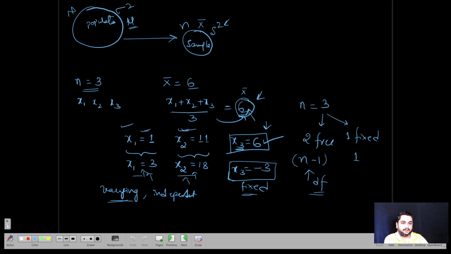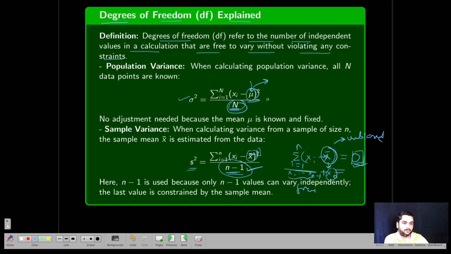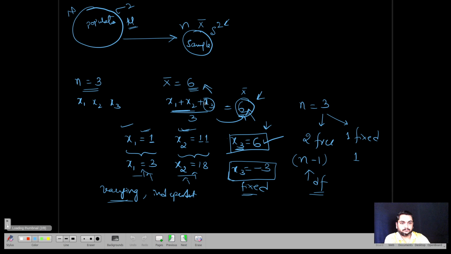I want to calculate this value. To get this value, I have to fix one variable and vary the other variables. But when I already know this value mu, I need not fix that one variable. All can take any values, because I already know the mean value. That is the concept.